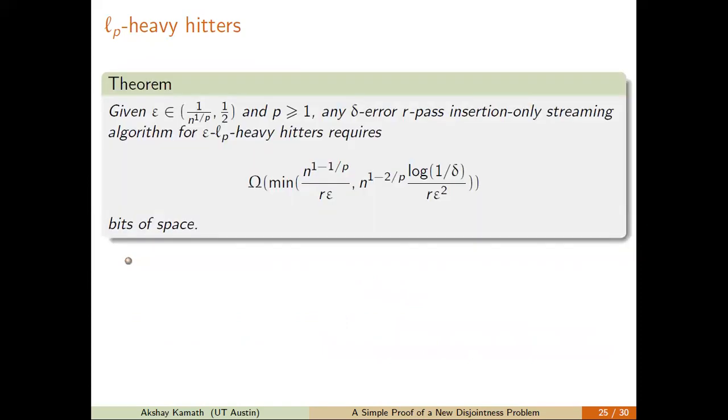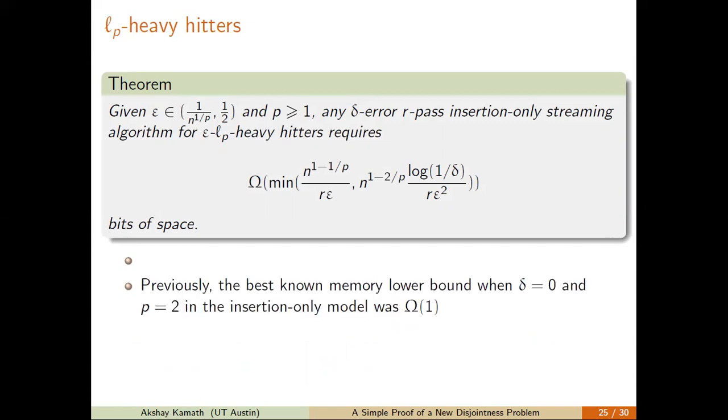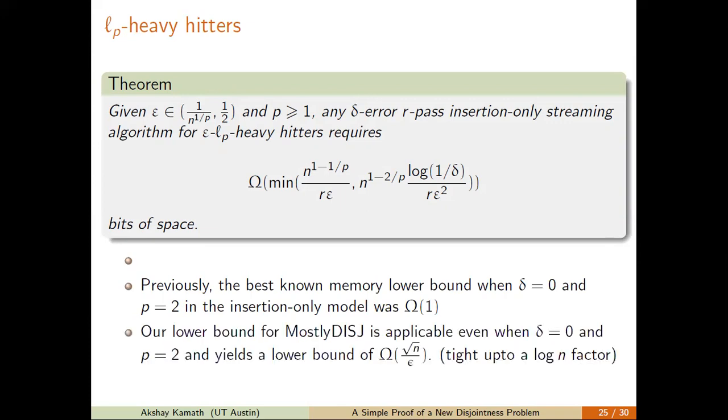The formal theorem that we managed to prove in our paper is this theorem, which most importantly implies that the lower bound for L2 heavy hitters, when the error parameter is 0, is square root n over epsilon. And this is tight up to a log n factor and improves the best known lower bound from omega of 1.